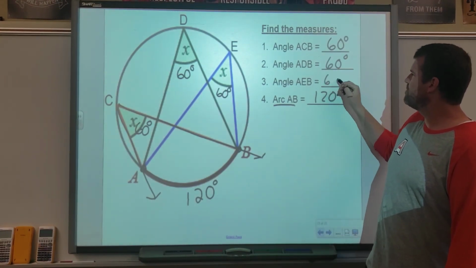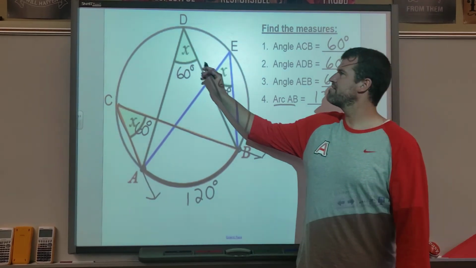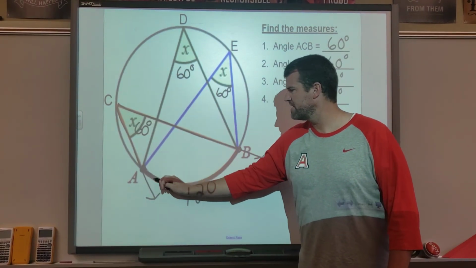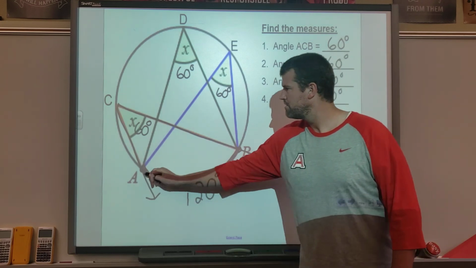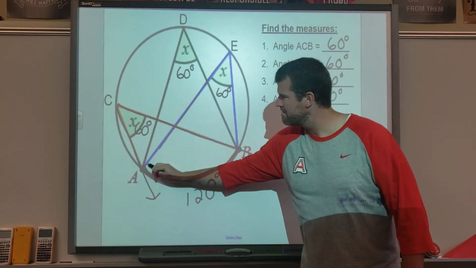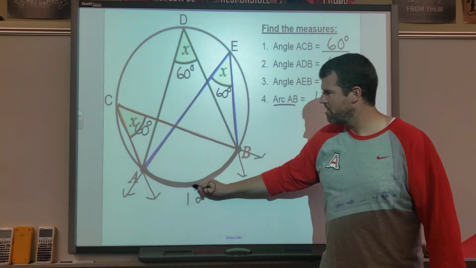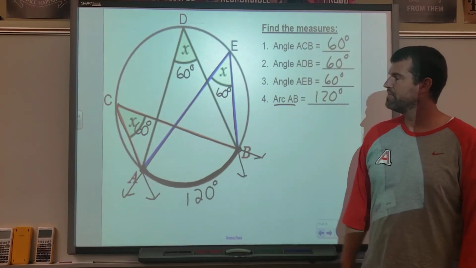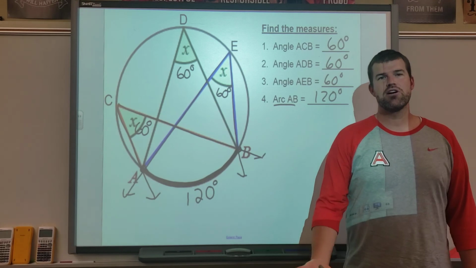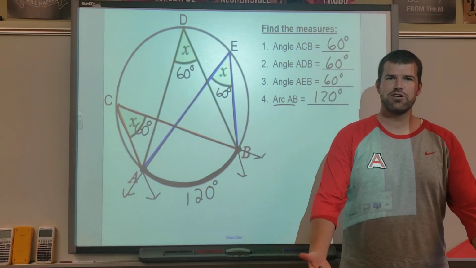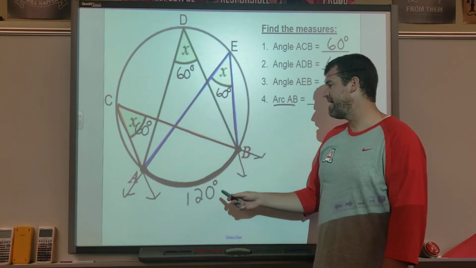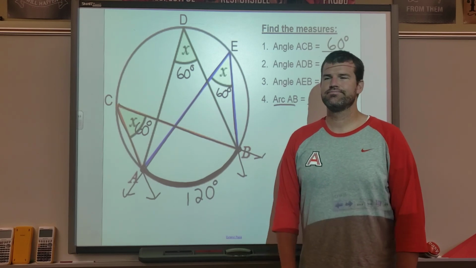So anytime you have inscribed angles sharing the same arc, right? If I extend these sides, they go through A and B, so the arc is still 120. If they share the same arc, they will have the same measure, which is half of the arc.